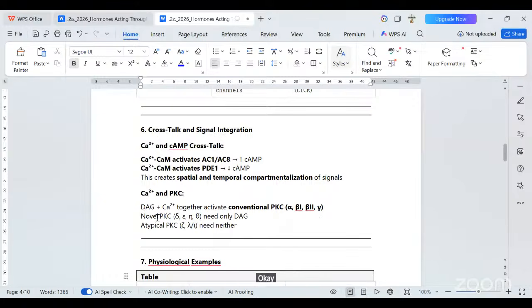Okay, so for the novel PKC, with this subunit that is in brackets, it needs only DAG to activate it. And for the other type of PKC that is in brackets, the lambda PKC, it doesn't need any second messenger to activate it.